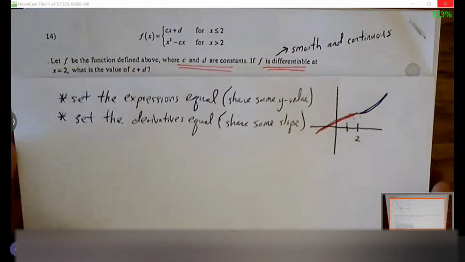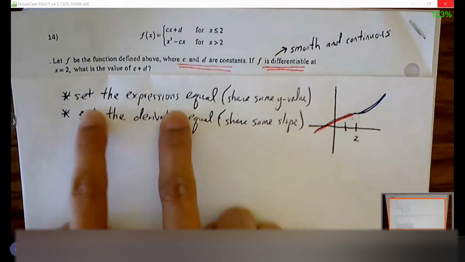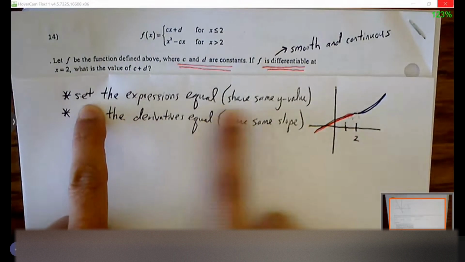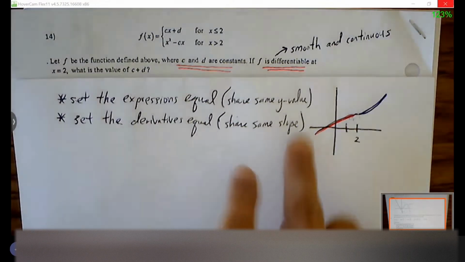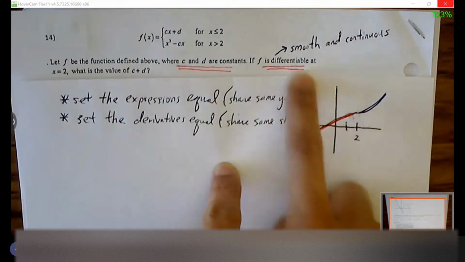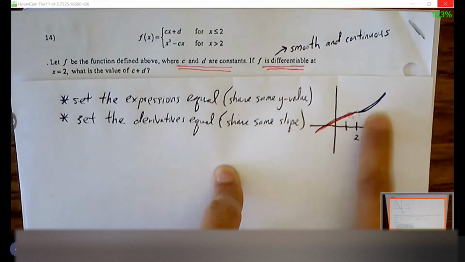So what that means is, because the graph is continuous at x equals 2, we can set the expressions equal to each other because they must share the same y value. And on top of that, we can also say something about their derivatives, because it's a smooth transition from one curve to the next.